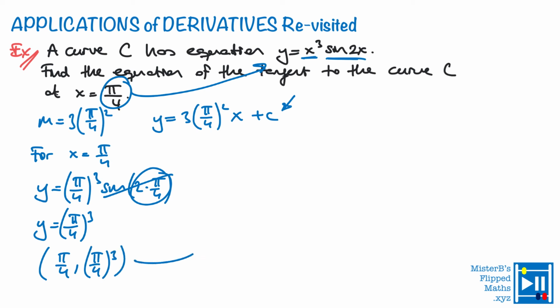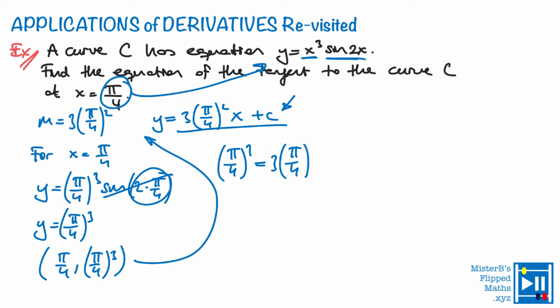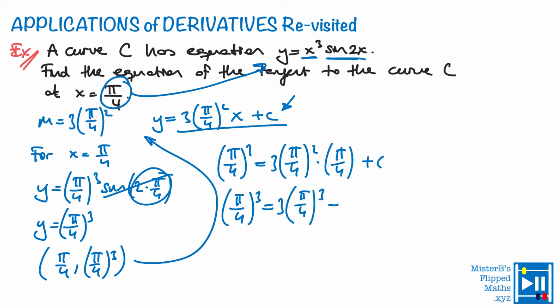This is what I'm going to substitute into my tangent line equation. So let's do that. Pi over 4 cubed equals 3 times pi over 4 squared times pi over 4 for x, plus c. As you can see, I have pi over 4 cubed equals 3 times pi over 4 cubed plus c.